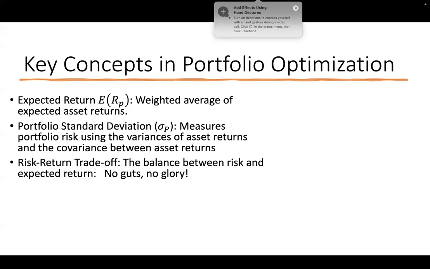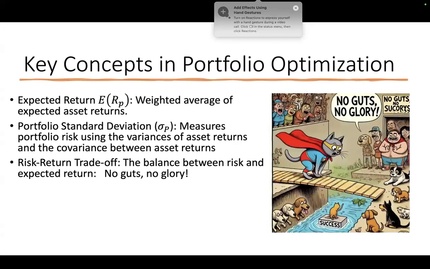There is an accepted fact in the finance world that there is a trade-off between risk and return. We want to find this balance between risk and expected return. No guts, no glory.